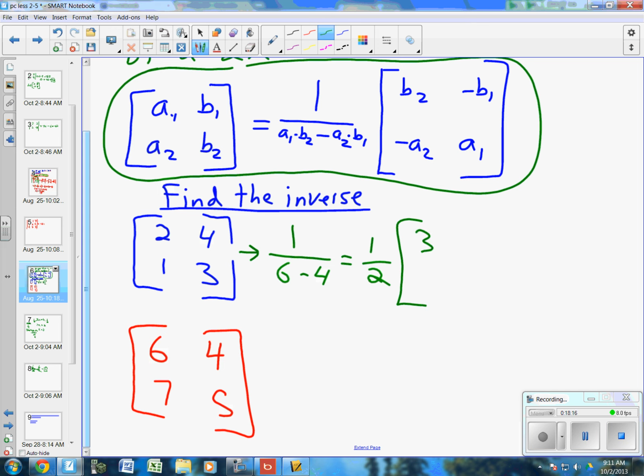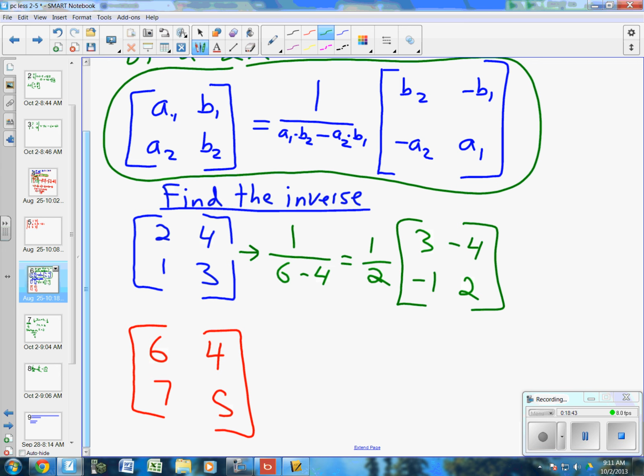Here's 3, here's 2. That's all the formula's doing. And then notice right here, B1's here, but now it's an opposite of B1. And A2's here, and now it's the opposite of A2. So what's the opposite of 4? Negative 4. What's the opposite of 1? Negative 1. And now there's my determinant.